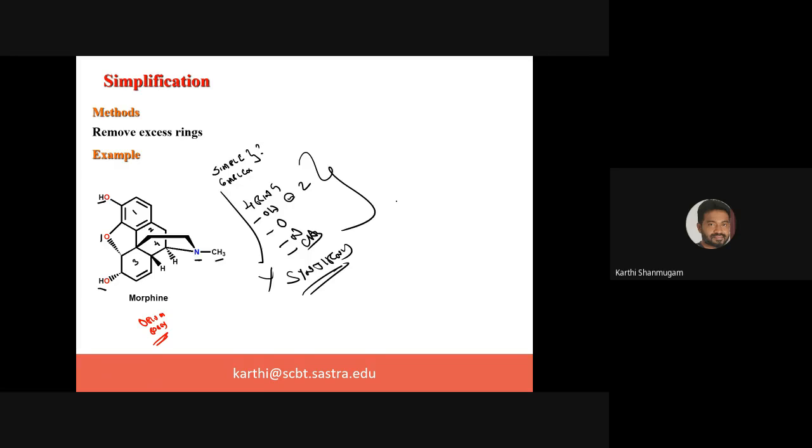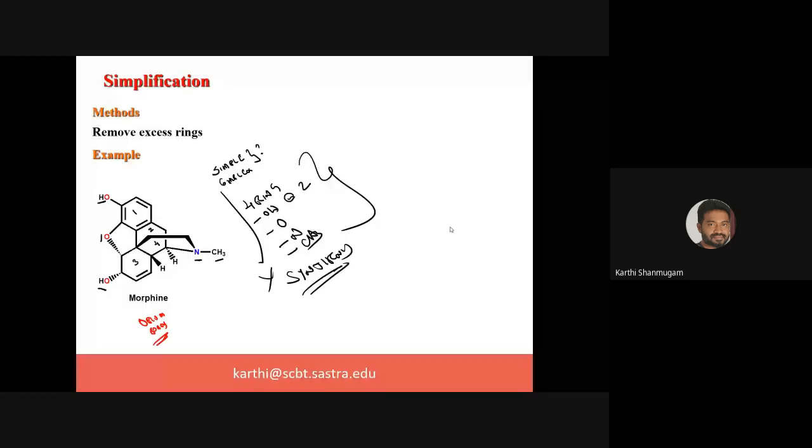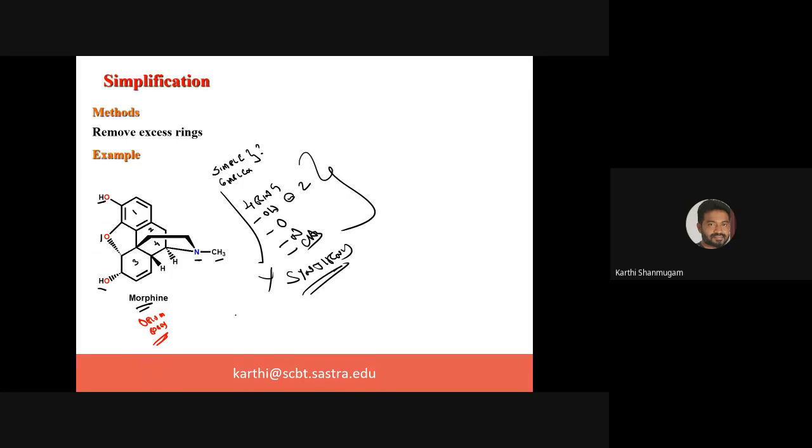It may go more than 10-15 steps to finally get the final product, morphine. Because of the synthetic difficulty, medicinal chemists go for optimization, and they use a technique called simplification, right? So if you want to simplify the structure of morphine, what do we have to do first, based on what I have discussed in the previous slide?